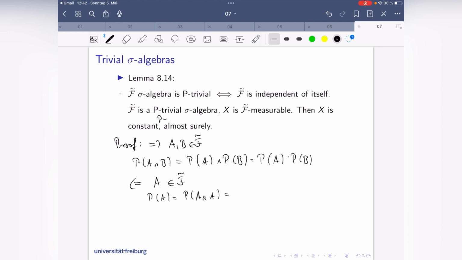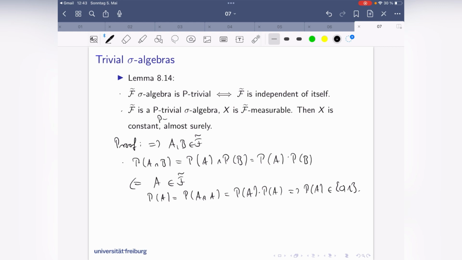But I know that it's independent of itself, which means that's P of A times P of A. Well, P of A equals the square of P of A only works if P of A is in {0, 1}. That's what I wanted to show.